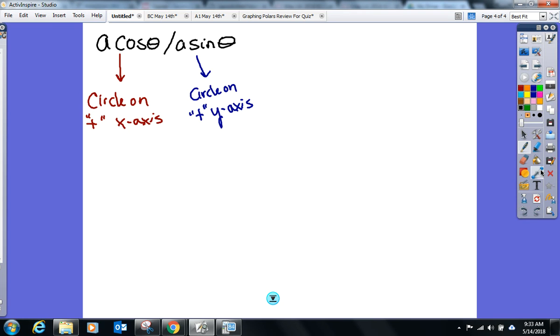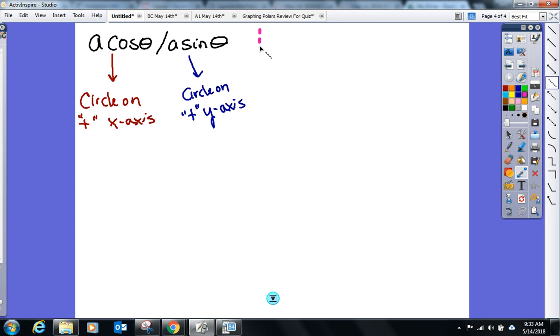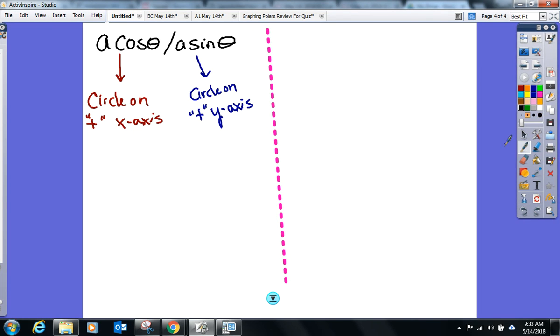Okay, next type. There's 2 more types. There's only 3 you got to worry about. And that's when I got a plus and minus involved. So A plus or minus B sine theta and A plus or minus B cosine theta. If you see a plus or minus being involved, that is your limacon. A circle within a circle, a heart.